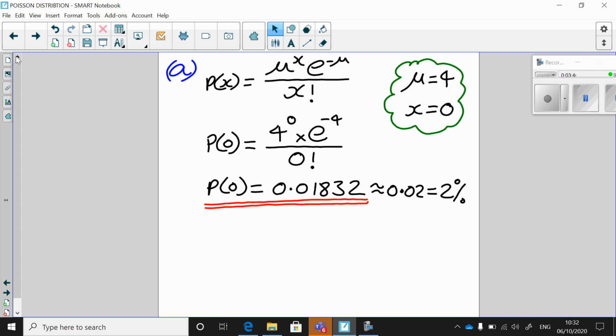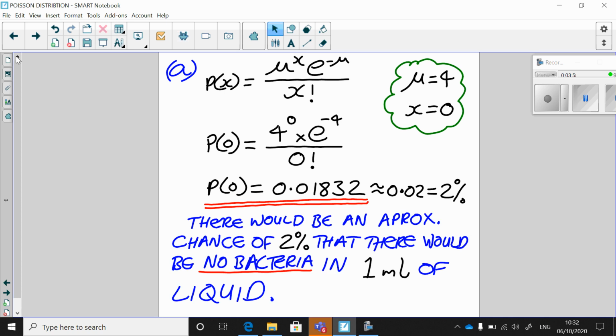Because probability answers lie between 0 and 1, sometimes it's good to have a lot of digits in your answer in case you're adding more than one. So what we're saying here is that there would be an approximate chance of 2% that there would be no bacteria in that 1 milliliter of liquid.